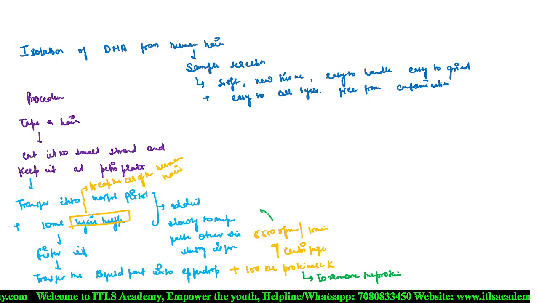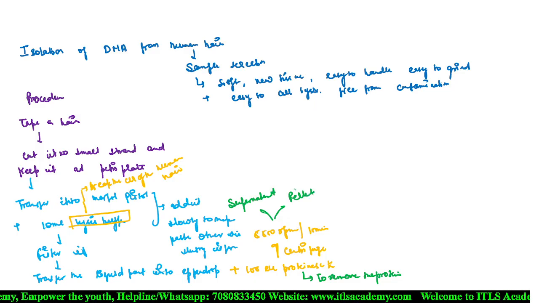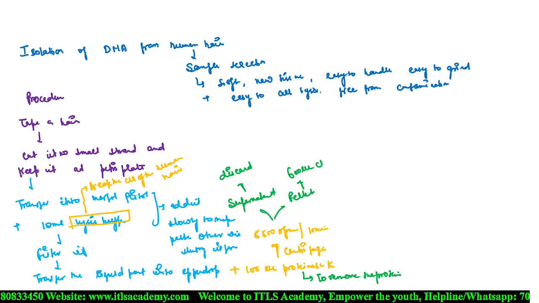Then we get what? We get a supernatant and pellet. Discard that supernatant, and in that pellet you have to add 600 microliter of chloroform and isoamyl alcohol.